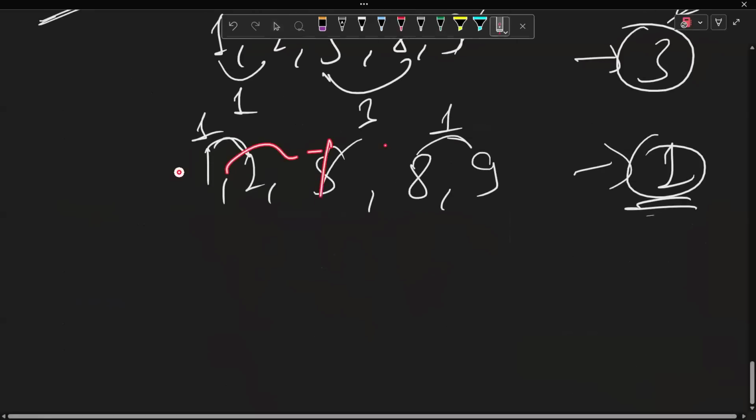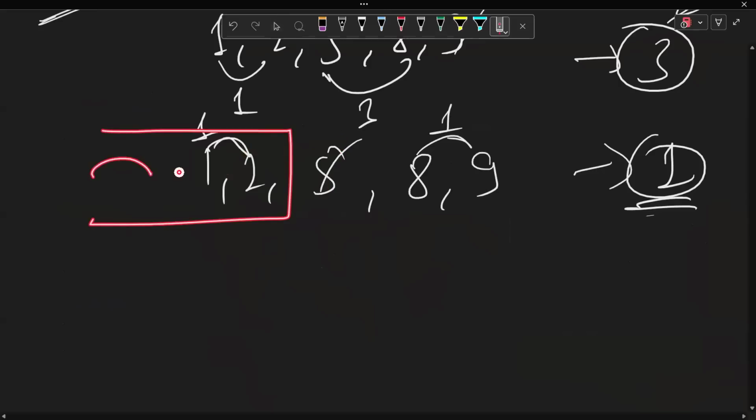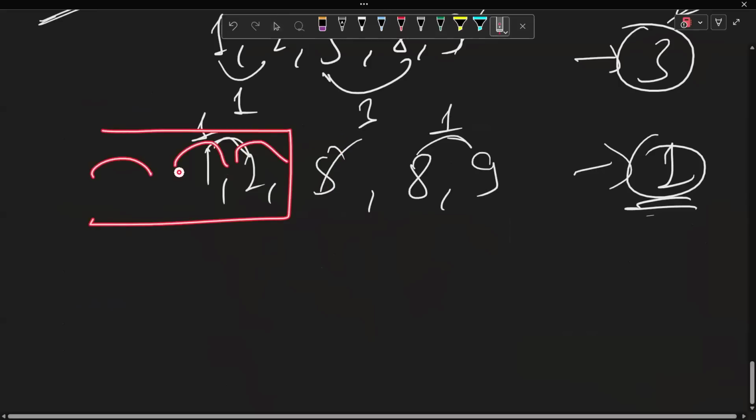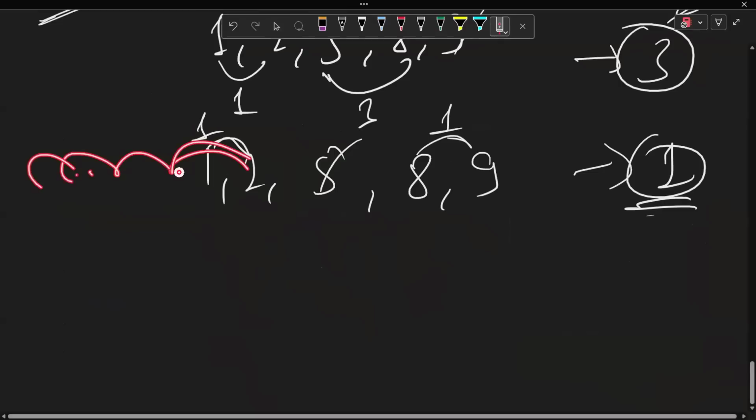Whatever you are taking, let's say you are excluding this 5, what you would need till here is the sum of the maximum among the pairs we have till here, plus the same from the other side.